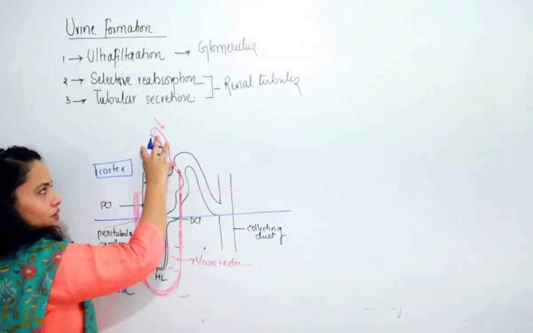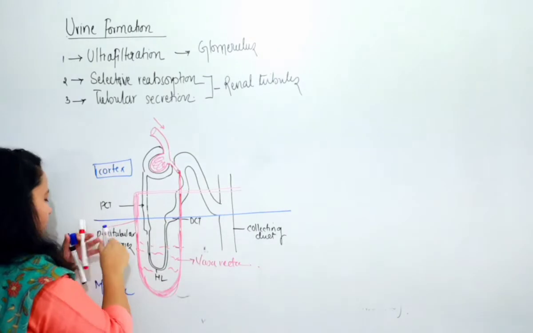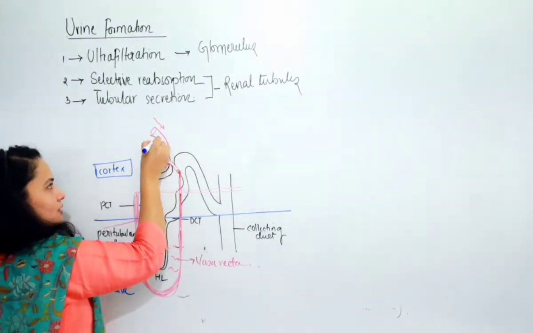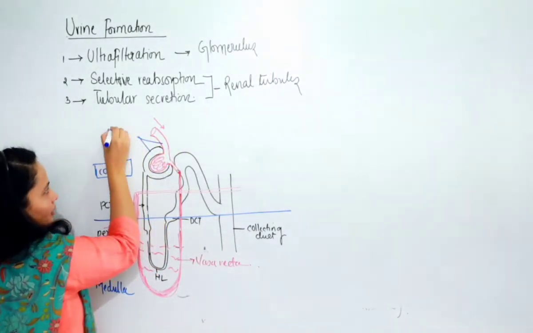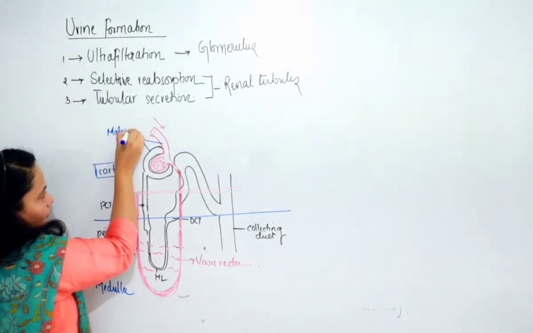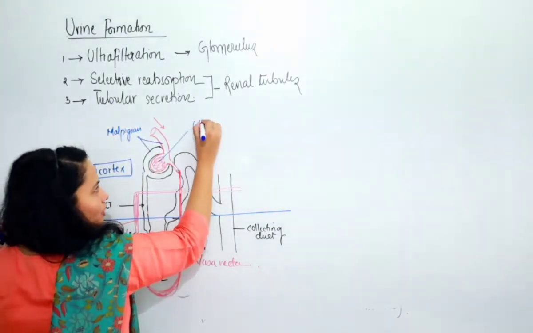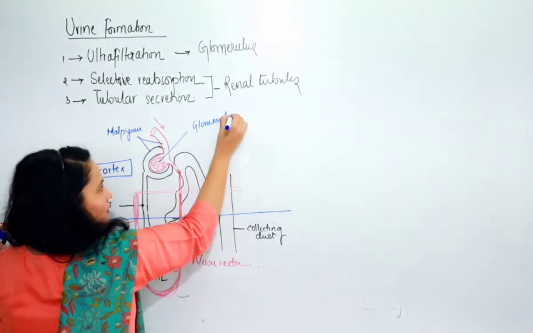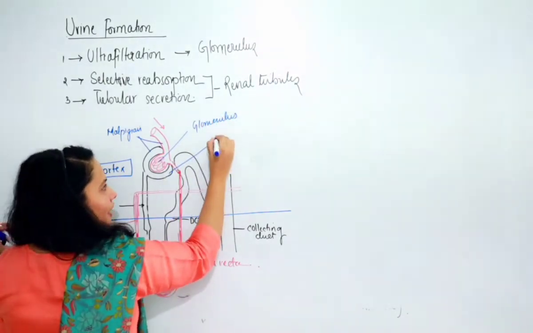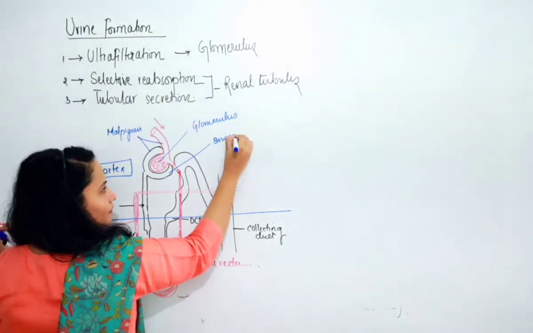And this portion, this and this, we call the Malpighian body, or this single part alone we'll call the glomerulus, and this is the Bowman's capsule.